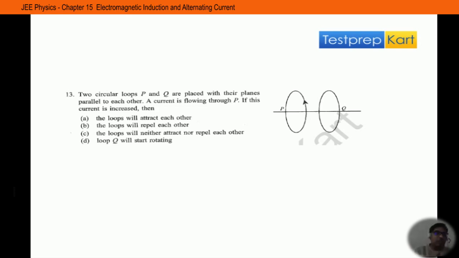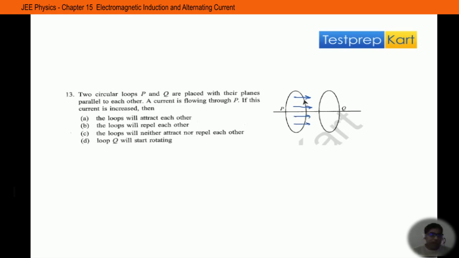So we need to look at the fundamental process in this case. Now if you hold this conductor in your right hand and look at the field induced by this conductor, the direction of magnetic field due to this loop P will be in rightward direction.